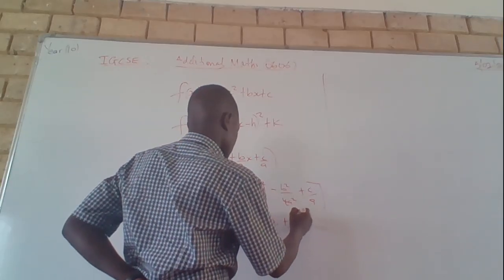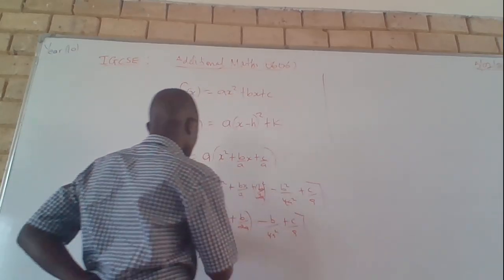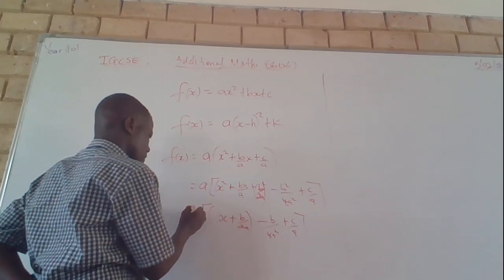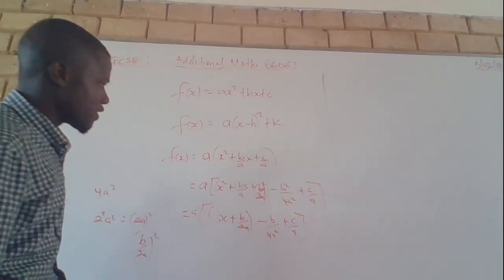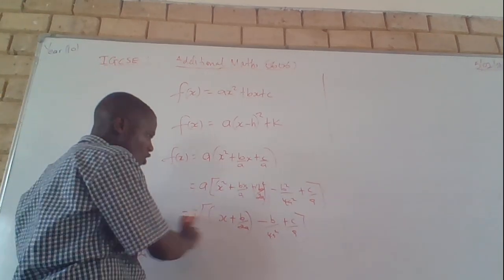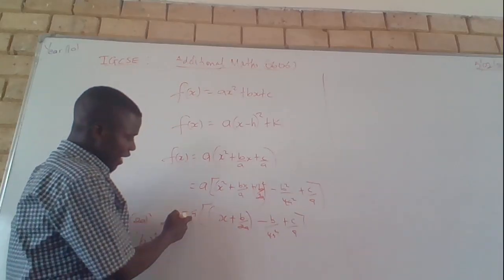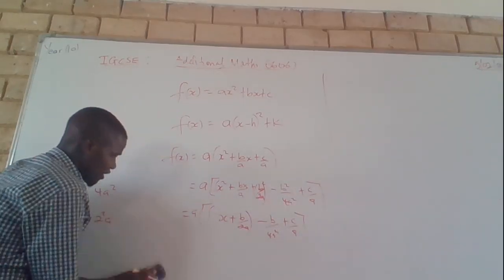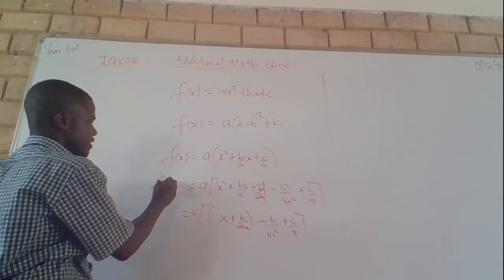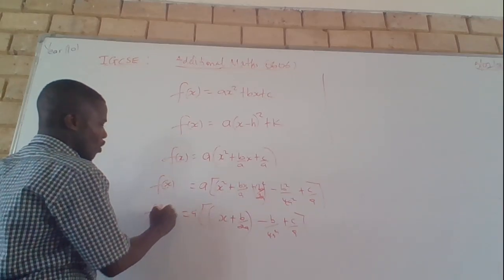Now I have, I think, yeah, all right? Yes, after this, I now multiply throughout by a. Remember, this is the same function, we have not changed it. All right.